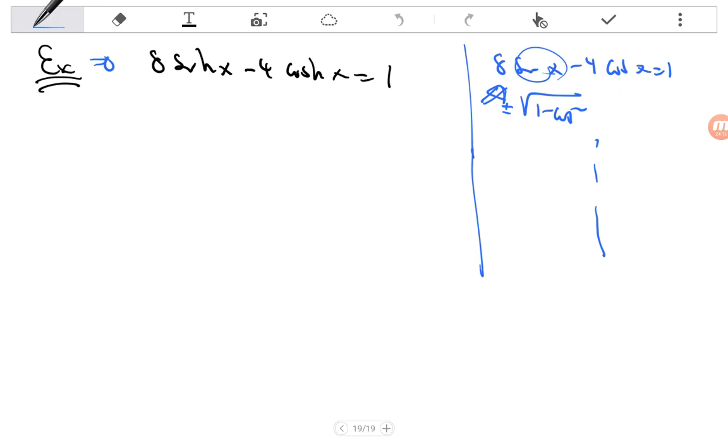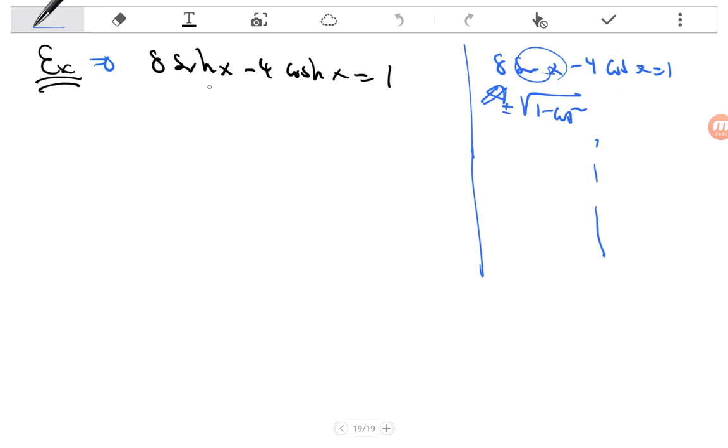Because this type of equation I cannot convert to an equation with only one function. It would be difficult for us to express it in terms of only one function, all as cosine or all as sine, without introducing roots. Any trial to put it in terms of one hyperbolic function will include roots, and this is not preferable.